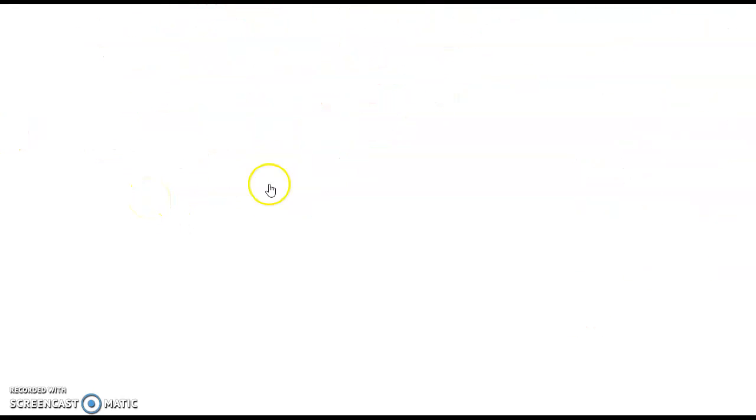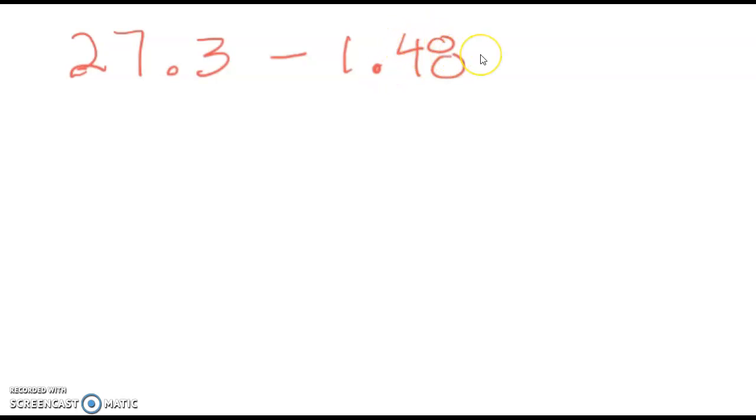Let's say we had 27 and 3/10 minus, let's say we had 1 and 48 hundredths. Okay, so first thing I need to do is I notice this one has 1 decimal after, this one has 2. This number is my whole.